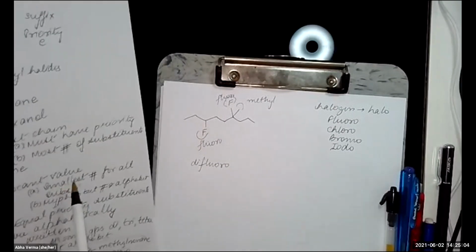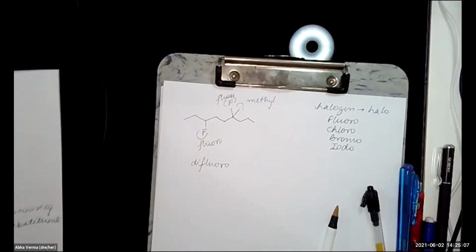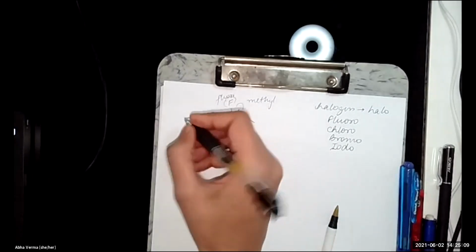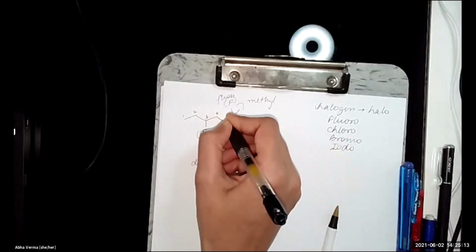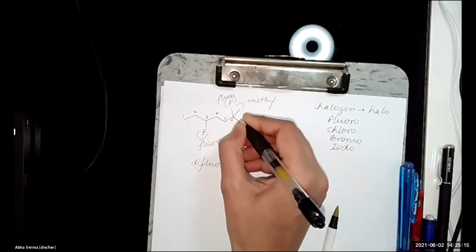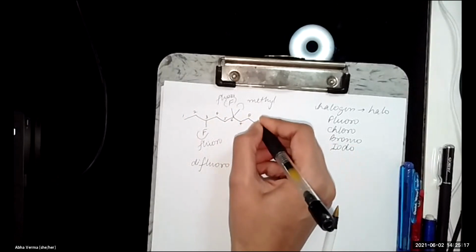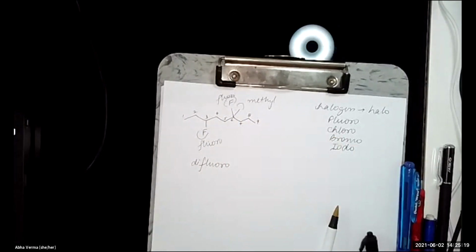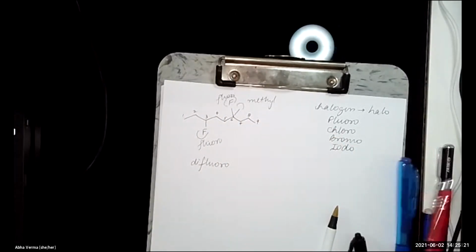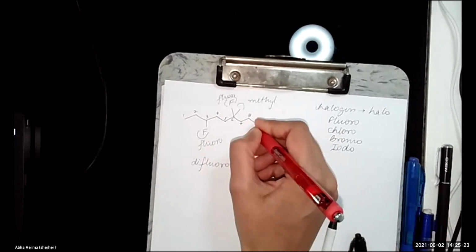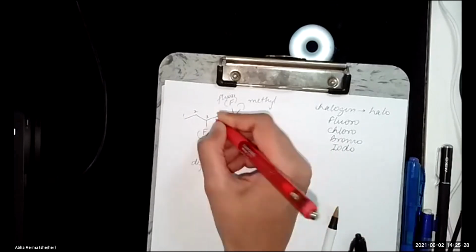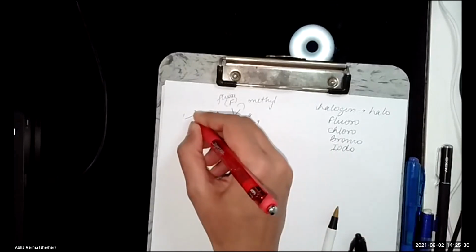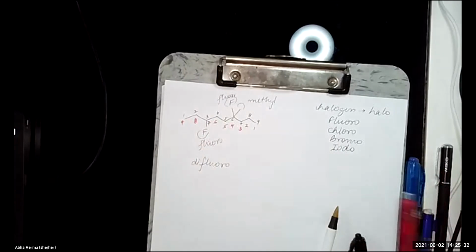My locant value. Now this is where I have to count. 1, 2, 3, 4, 5, 6, 7, 8, 9. Okay, so I did my counting from this end. Let me count with this end also. 1, 2, 3, 4, 5, 6, 7, 8, 9.